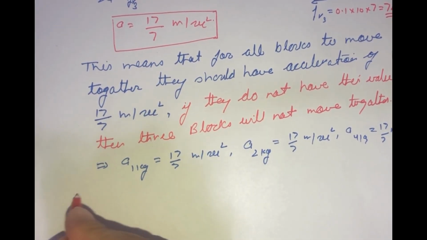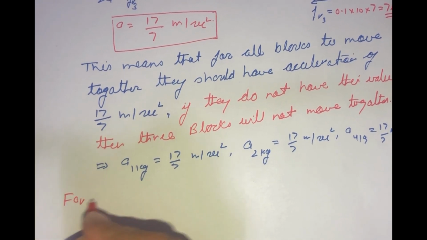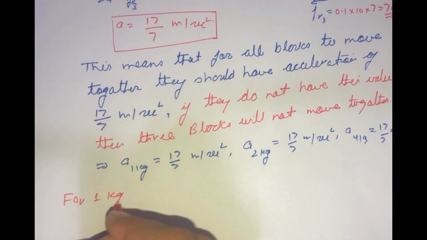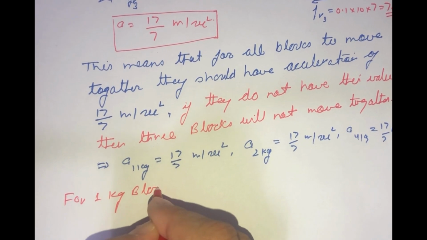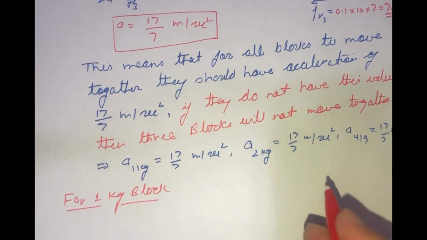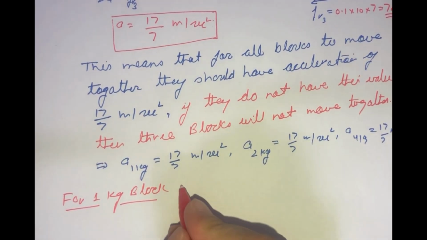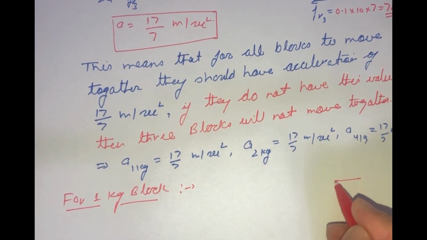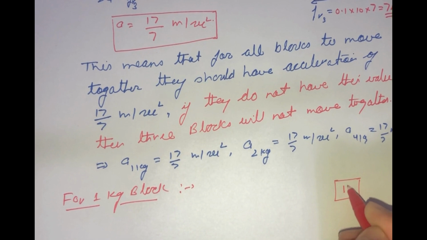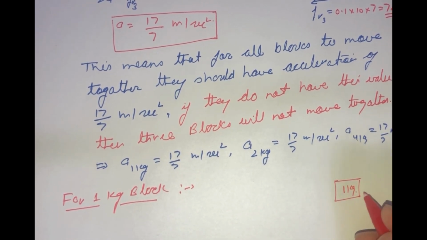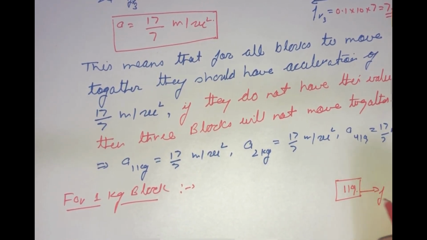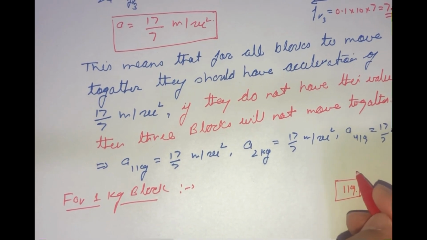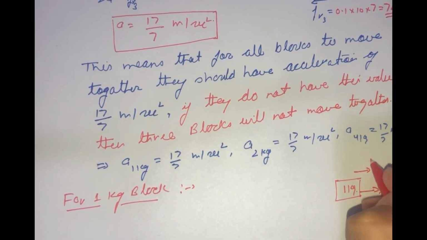So let us find out for 1 kg block. So we already have 1 kg, and this is Fr1, and it is moving with the acceleration of 17/7.